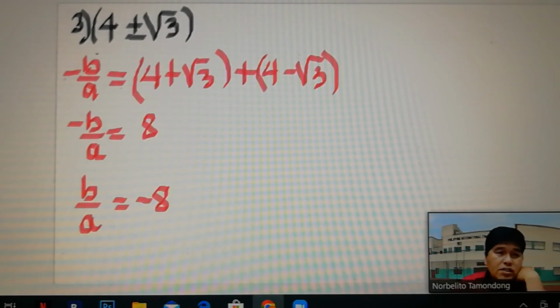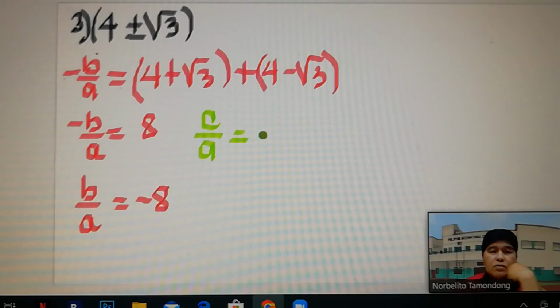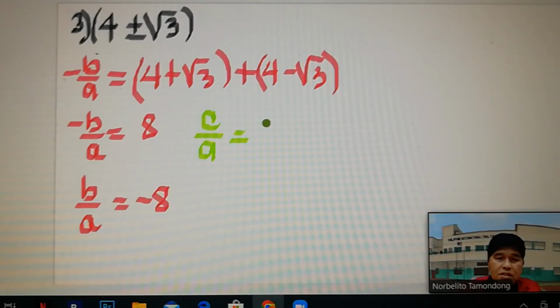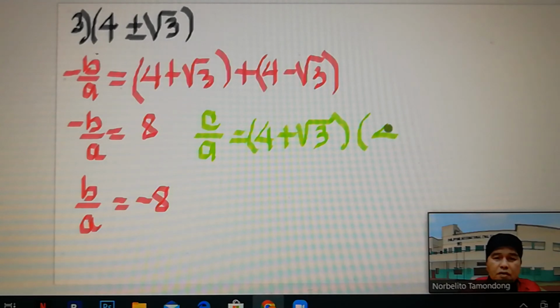Another is the product of the roots of the quadratic equation, which is c over a, equal to 4 plus square root of 3 times 4 minus square root of 3.